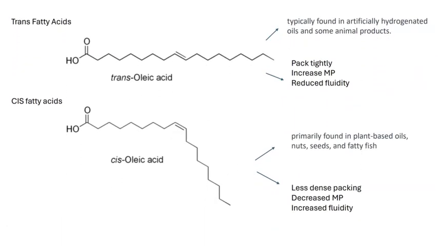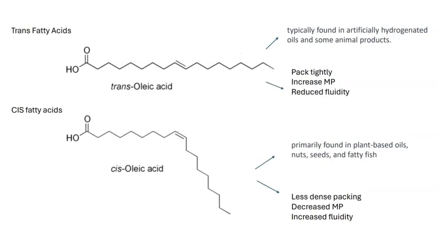Using the simplified diagrammatic structure, we can see the consequence of being a trans fatty acid compared to a cis fatty acid. The trans fatty acid double bond is here, so the hydrogens would be located something like this, but with the cis structure, the hydrogens would be on this side.